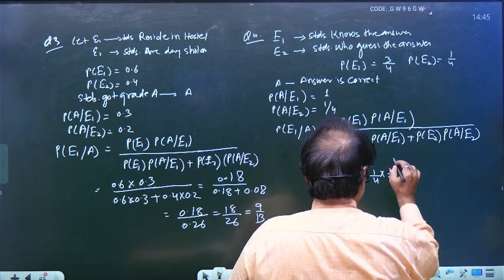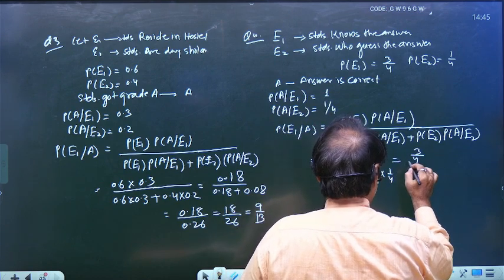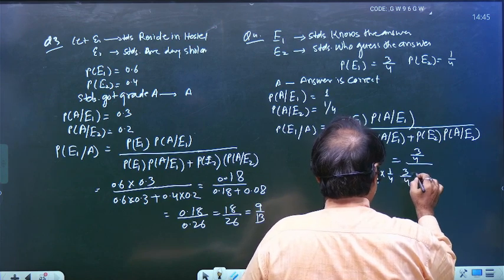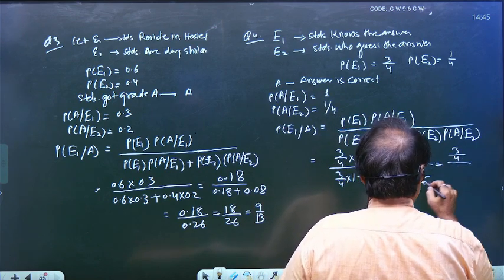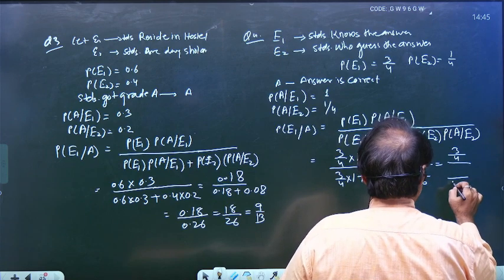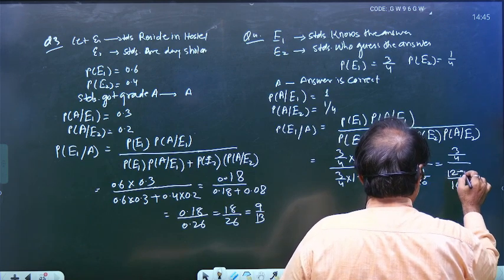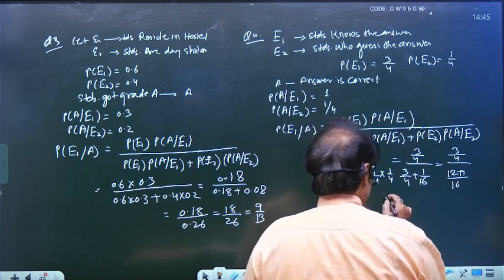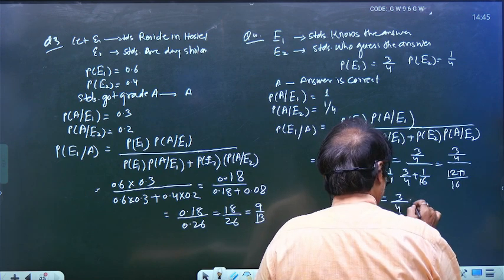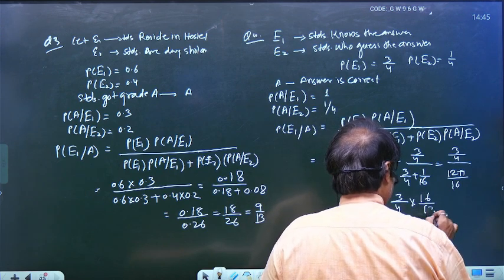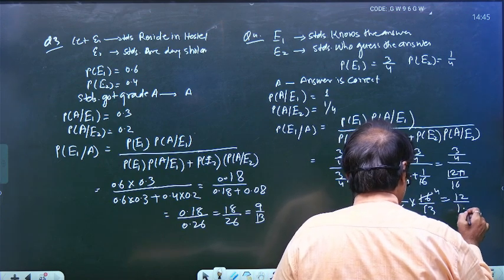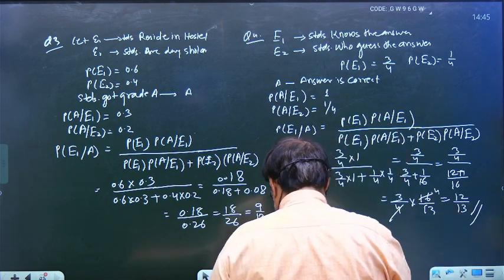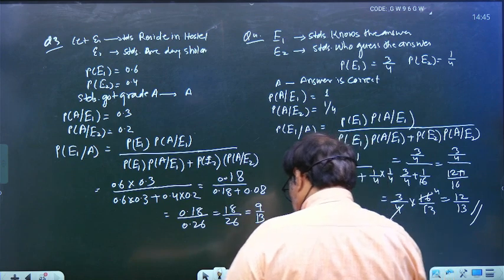So this is equal to 3 by 4 upon 3 by 4 plus 1 by 16. So here 16 is the LCM. So 12 plus 1, 13 by 16. So 3 by 4 and 16 by 13. So 4 4s are 16, so 12 by 13, and this is the answer of this question. Okay.